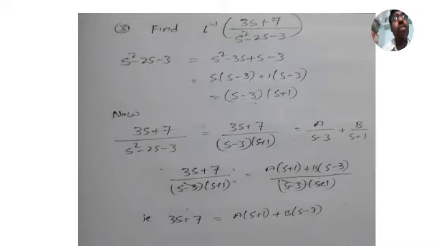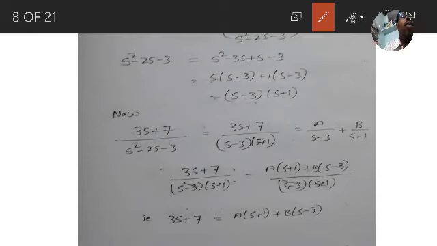S square minus 2s minus 3 can be written as s square minus 3s plus s minus 3. If you add these two numbers you get minus 2, and if you multiply them you get minus 3. So take s common from the first two terms and 1 common from the last two: it is s minus 3 into s plus 1.